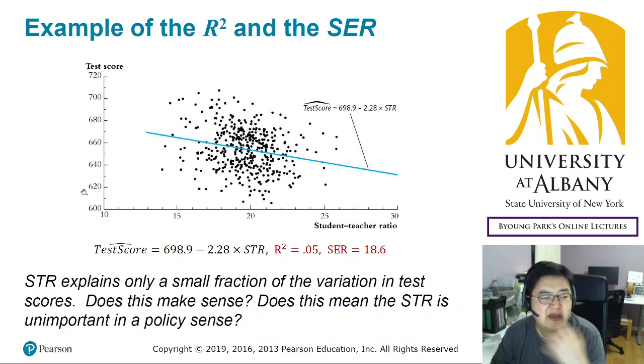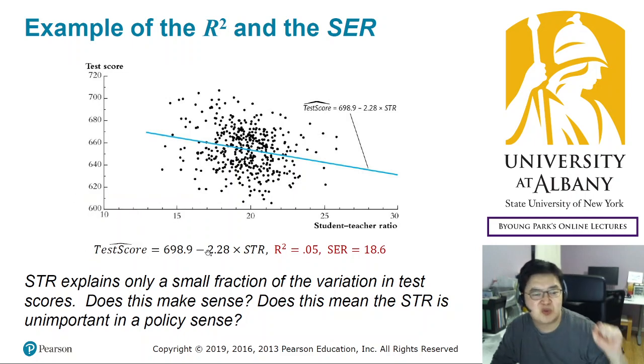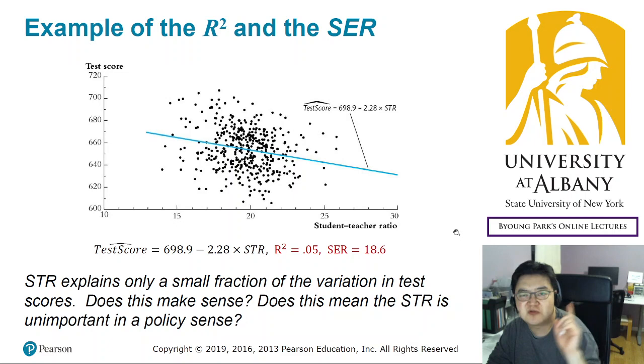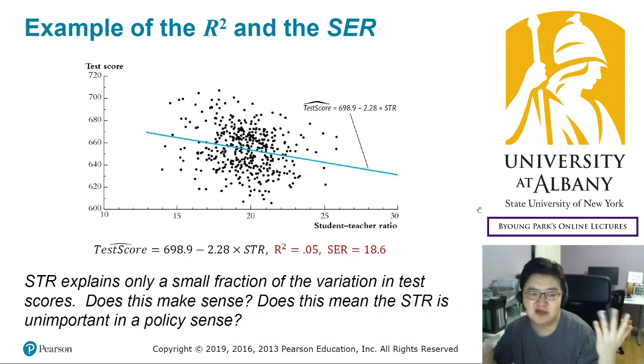So I have no idea what that means. Suppose that when you increase the student-teacher ratio by 1, then test score drops by 2. Then what is 2? I have no idea. Then you may use the standard error.